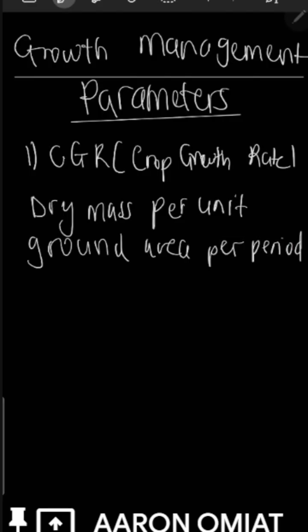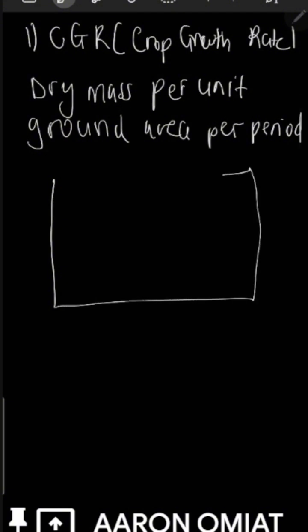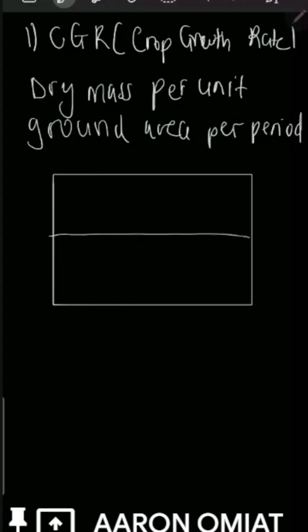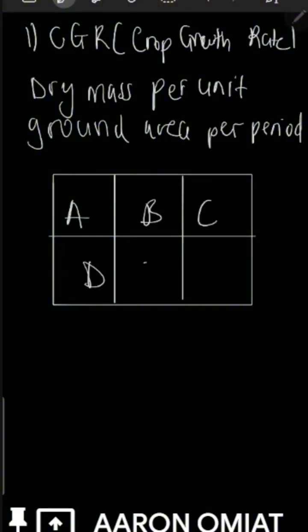And I gave us an example of a garden. We have our garden and we divide it into plots. And we have plots A, B, C, D, E, F, right?